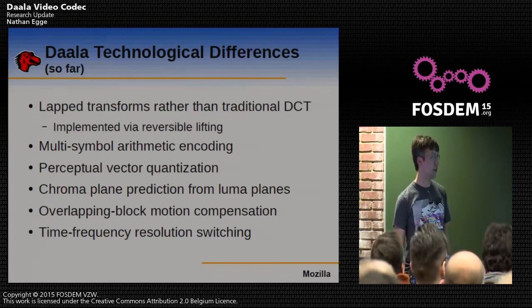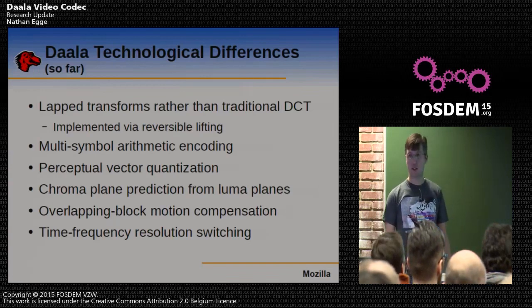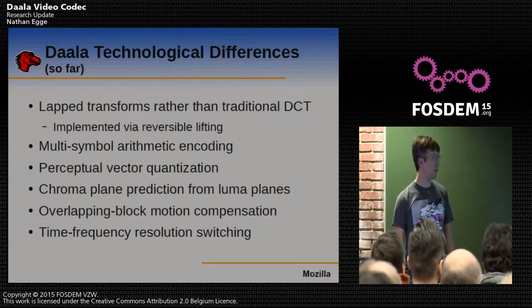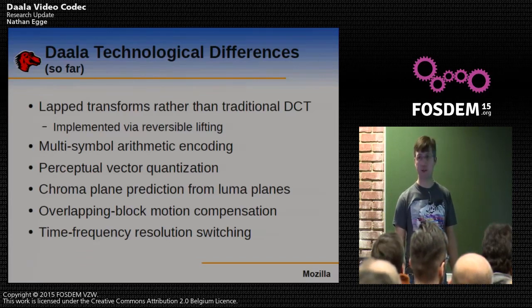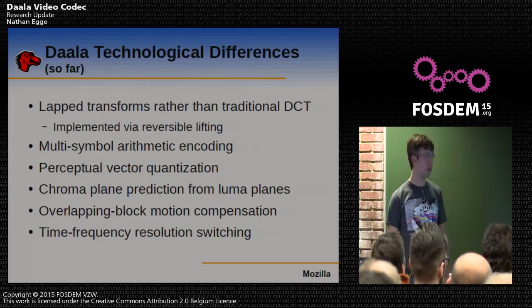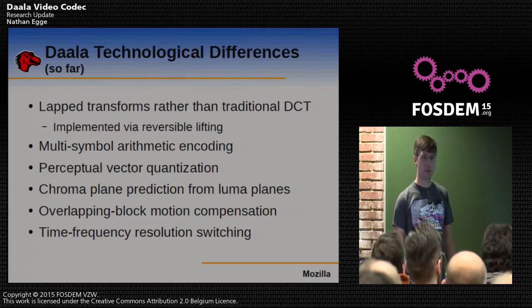We're going to do multi-symbol arithmetic coding. Most of the existing codecs do binary arithmetic coding, context-adaptive binary arithmetic coding. We use this great technique we borrowed from Opus called perceptual vector quantization. And if you were at FOSDEM yesterday, Jean-Marc gave a great talk describing that technique and why we believe that's going to work really well for us. And there's some interesting ideas around prediction where you no longer do the difference between frames.